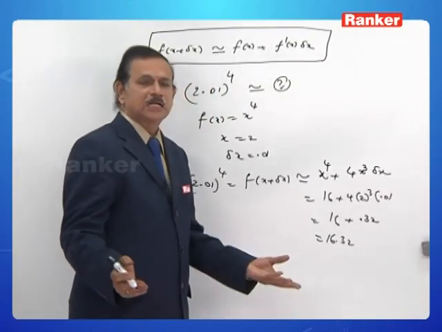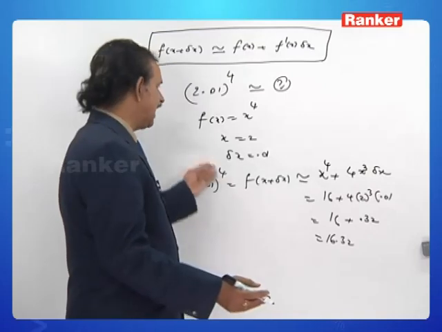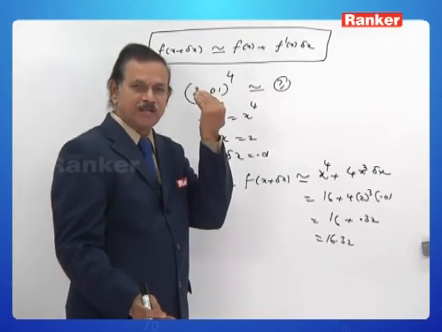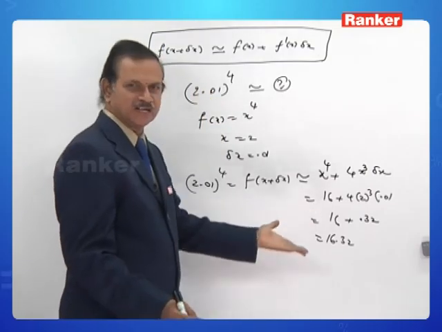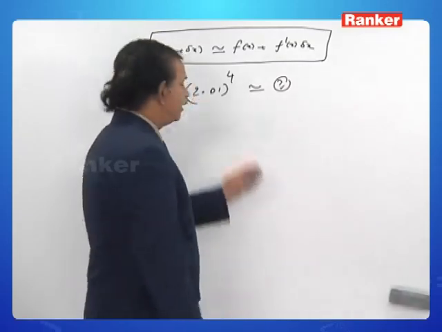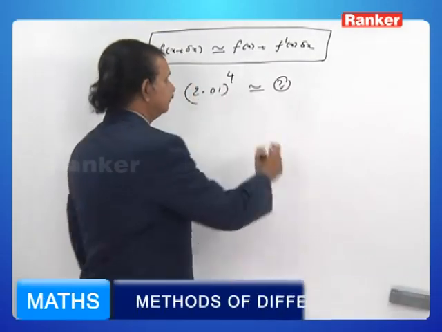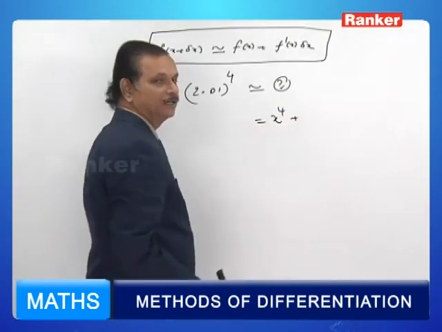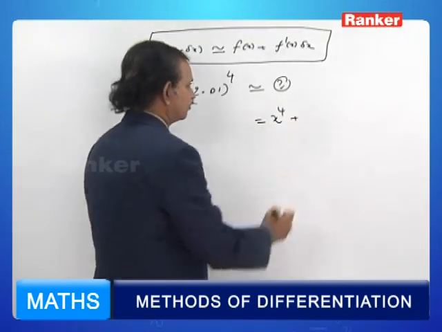To give you a clear-cut explanation, I have made all these steps. As we could explain in the very beginning, we can have the answer directly. How? Now you observe. This looks like x power 4. f dash x is 4x cube.